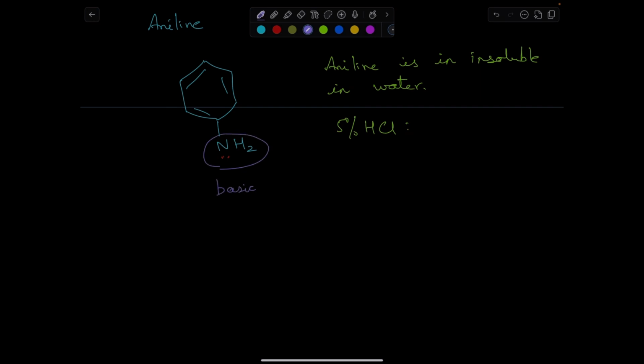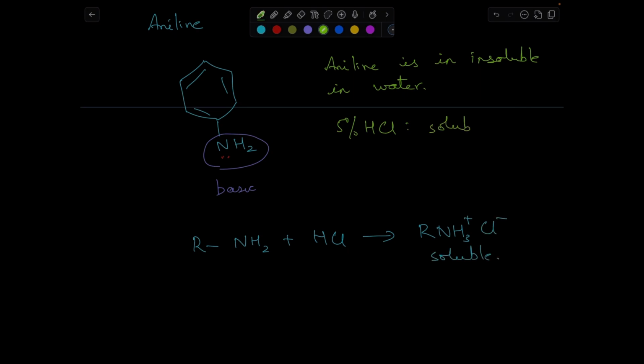and because this is basic in nature, it can react with HCl to form salts. So the reaction is RNH2 plus HCl gives RNH3+ Cl-, and so this is soluble. However, in 5% NaOH and 5% NaHCO3, it's going to be insoluble.